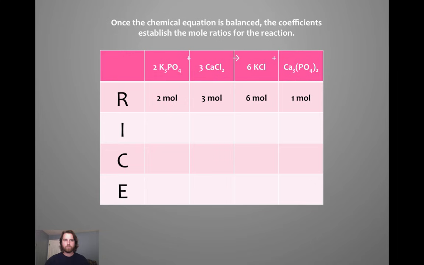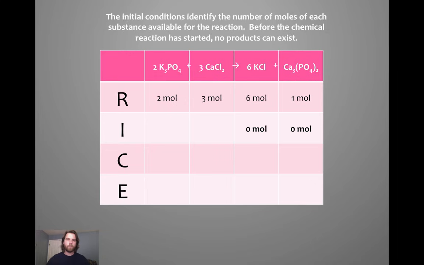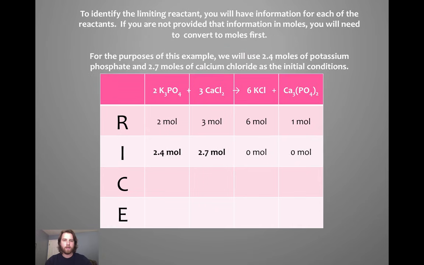So the initial conditions identify the number of moles of each substance that is available for the reaction. Before you start the reaction, you can't have products, so we already know that initially there are 0 moles of the products. We can go ahead and fill that in.